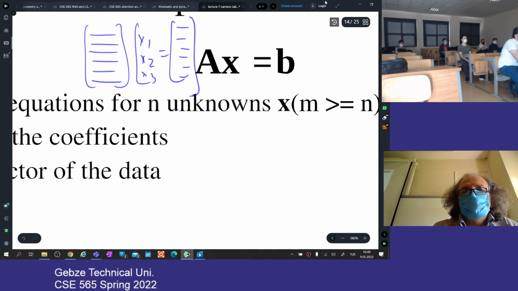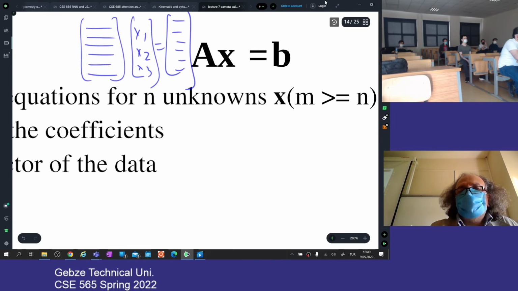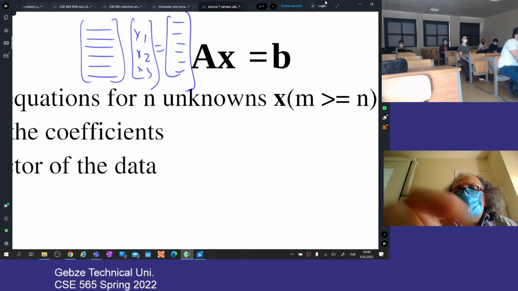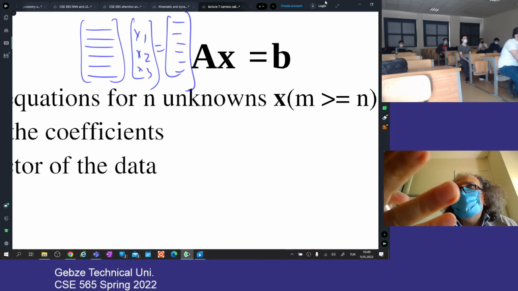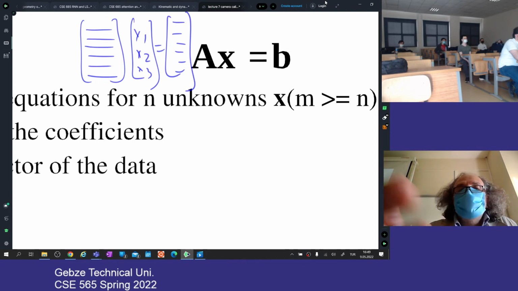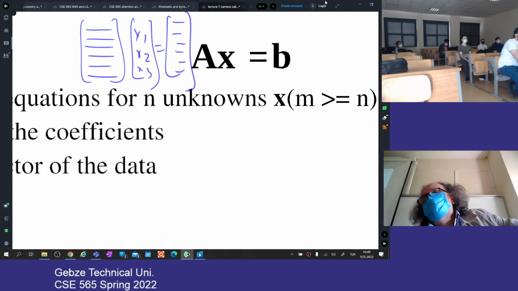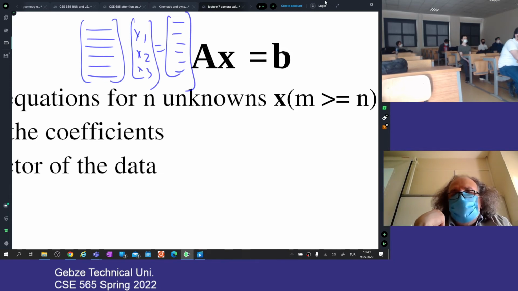I need only 3 equations, but I have, let's say, 30 equations. You can just pick 3 equations out of the 30 and solve for x1, x2, x3, but I'd like to do better than that. So least squares is one way of achieving this. You say that I am going to use all 30 equations, and since they will not agree with each other for the solution, I am trying to find a solution that will minimize the total error of those equations.